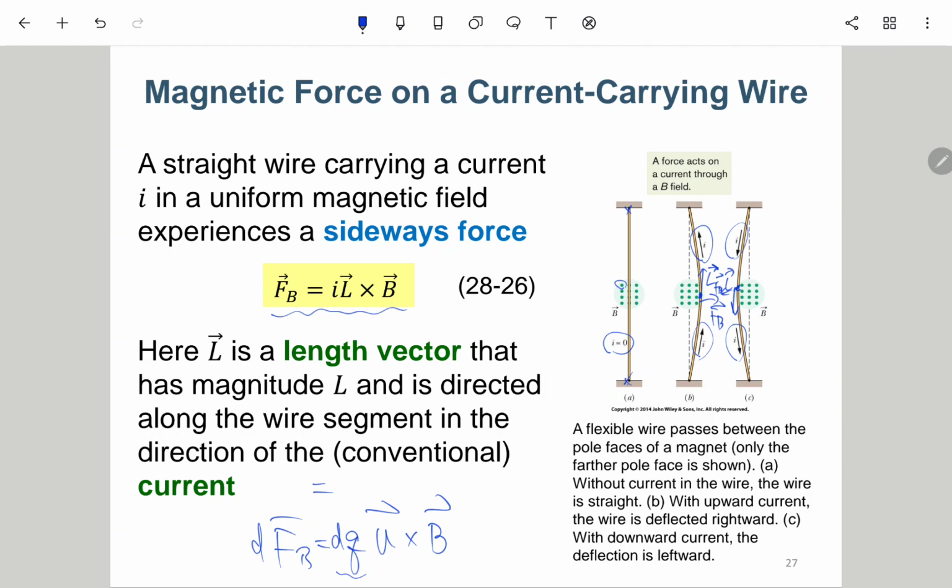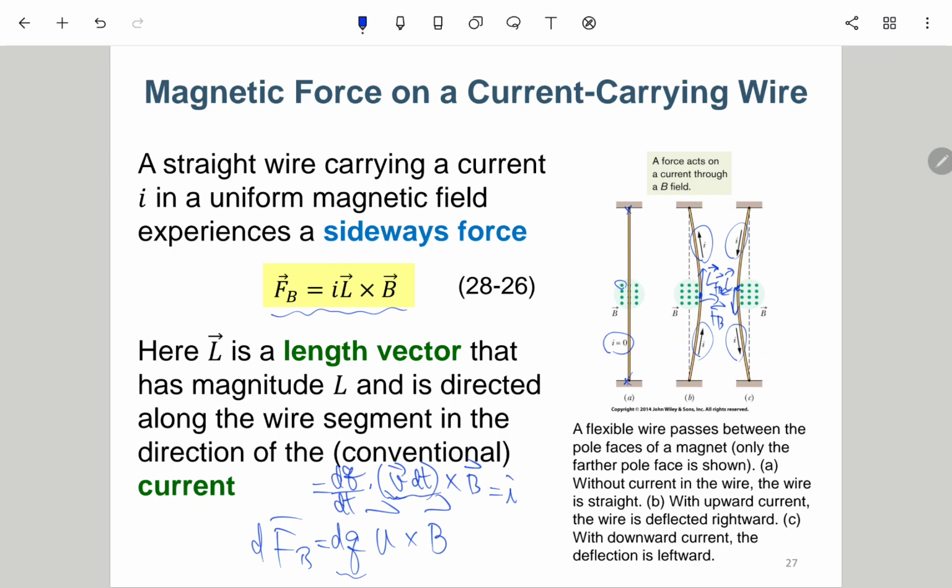Then you can consider we have dq over dt, and then we have this v times dt, and then cross with B. In such a way, dq/dt is actually I. And v dt, you can consider it is the length of the wire.